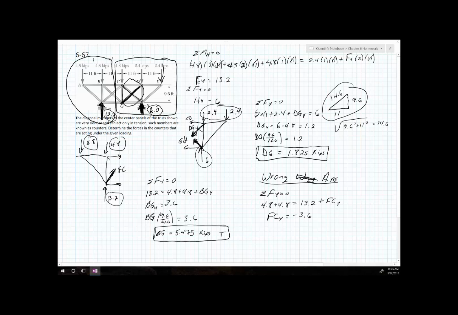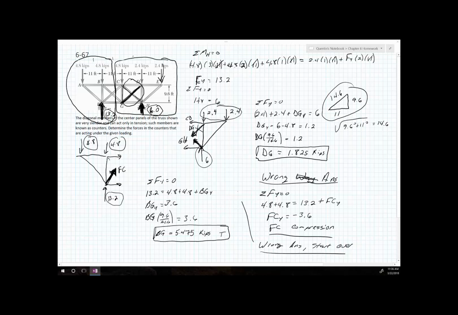So I can look at this, and if I drew it in this direction coming up here, that means I drew it in tension. So therefore, FC is in compression. But as we said, these are like ropes. So if you start pushing on them, they just move. They don't take compression. And so all of a sudden, it's as if it's not there. So then I say, wrong answer, start over.